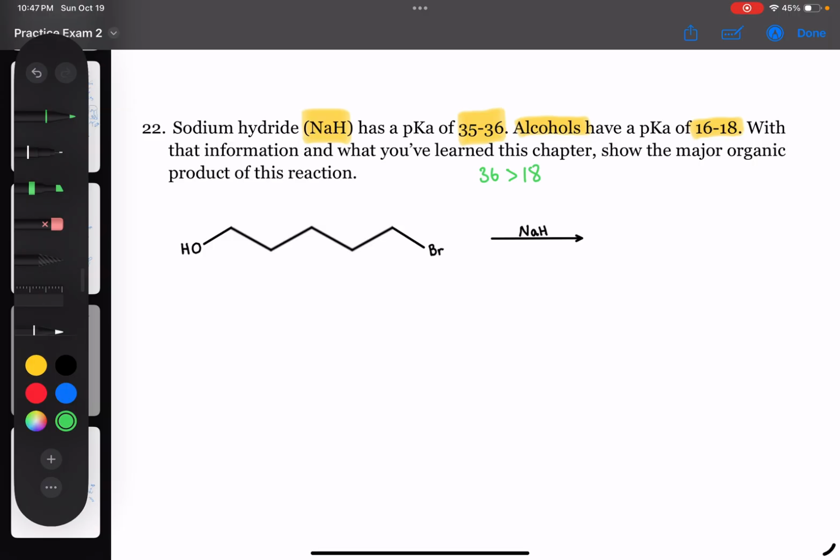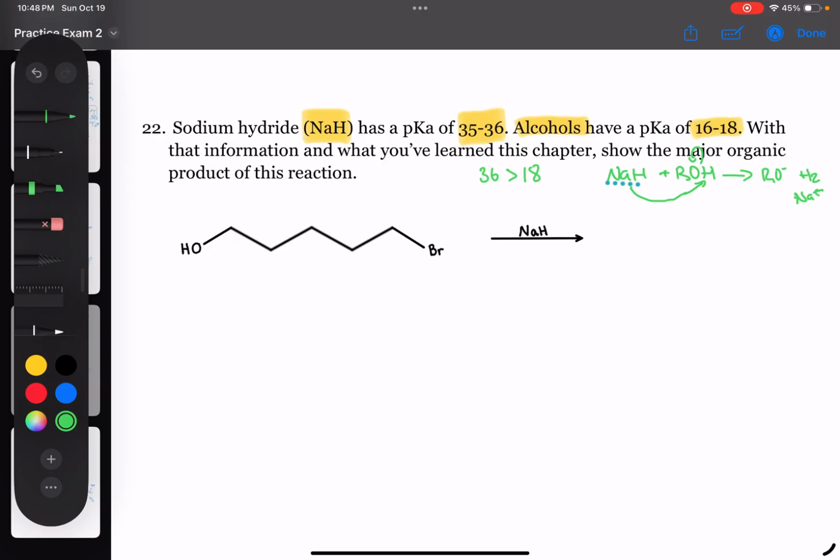So that means that when NaH and any ROH, so any alcohol, are in solution, we're going to get an acid-base reaction where that sodium hydride takes the proton from the alcohol. So we get RO minus, H2, and Na plus in solution.